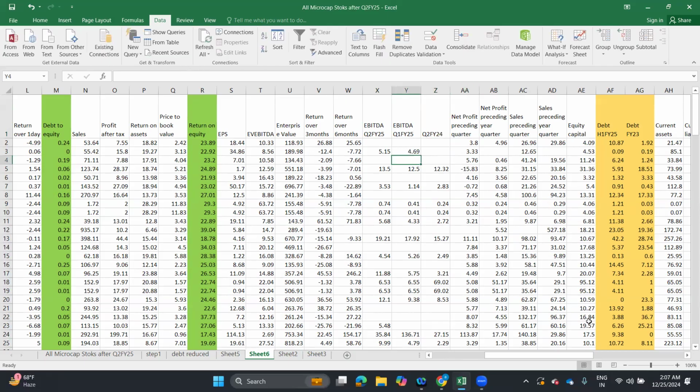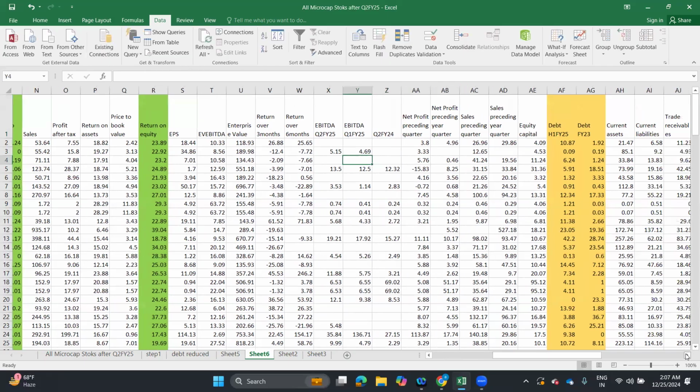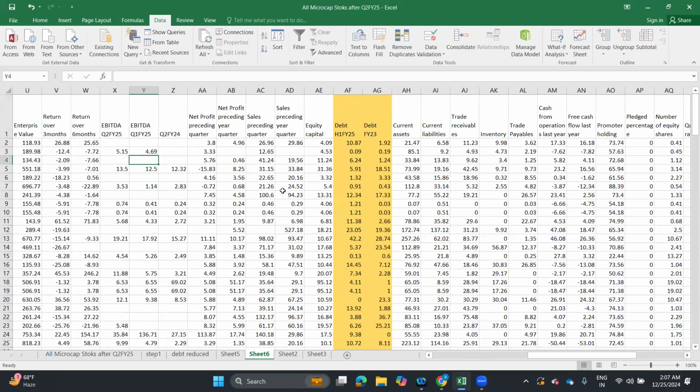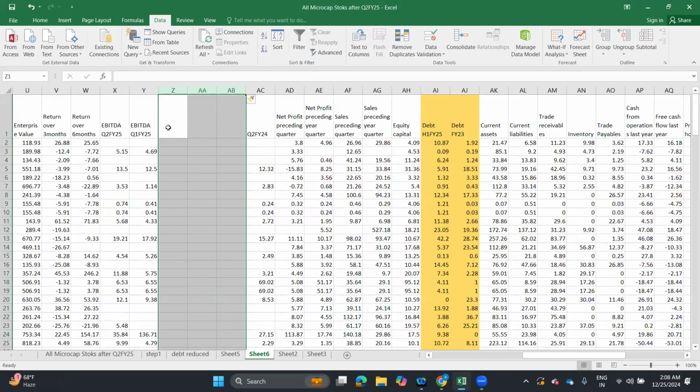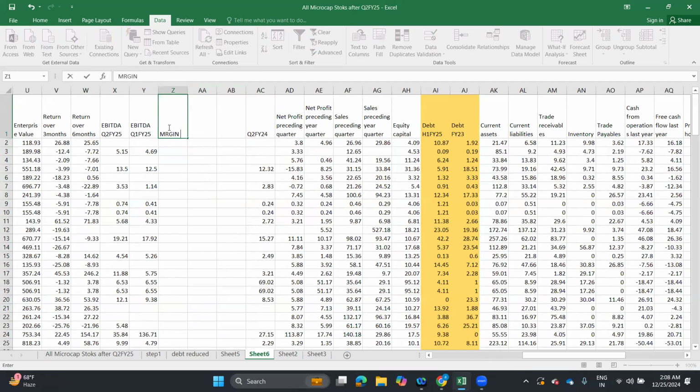Now we can filter the margin. It will go too far over there, so let me create it here. Margin. Sorry, my caps lock got turned on. Margin, EBITDA margin, let me write it in full. EBITDA margin Q2 FY25.